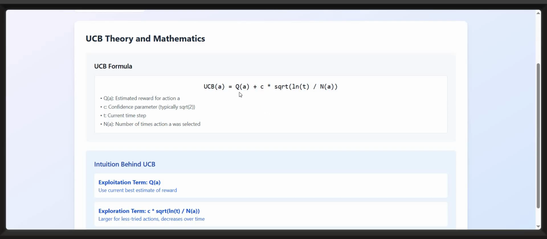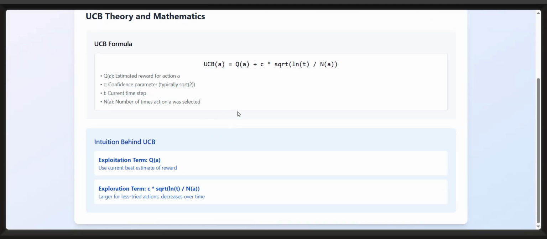Here, Q of a is the average reward you have seen from the arm so far. c is a number you choose, usually something like the square root of 2. t is the current time step, basically the round number, and N of a is how many times you have actually pulled that arm.